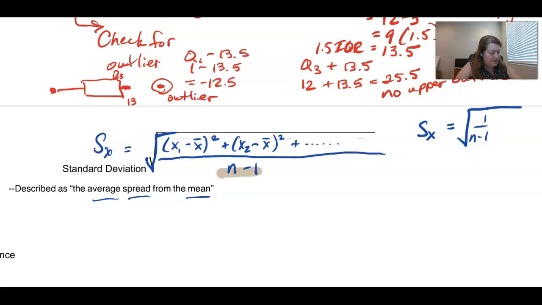And then the next part is the sum of x sub 1 minus x bar squared. They're basically saying add them all up, so sum means add. That second part takes care of all of this up here and the square root. You can see how those all work into that other formula.